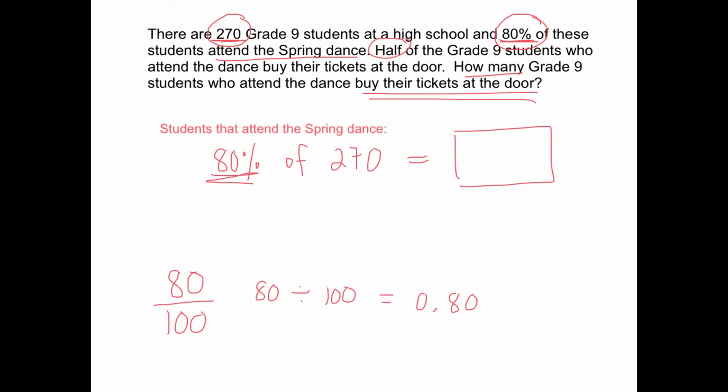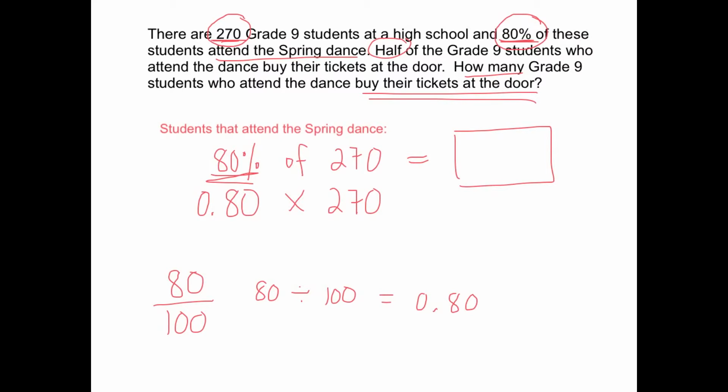We're simply moving the decimal place 2 places to the left. So 80% is 0.80.